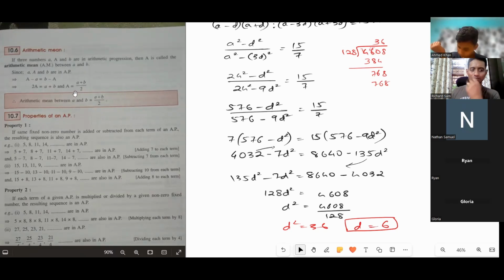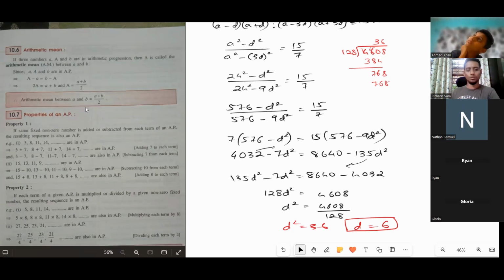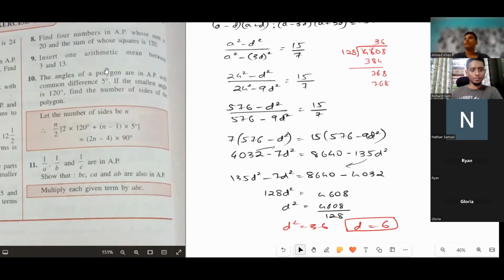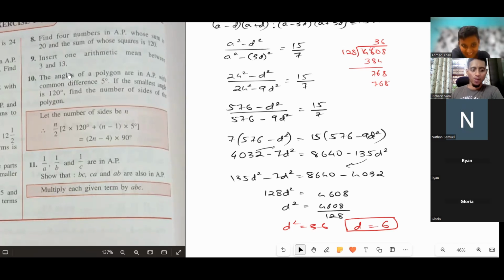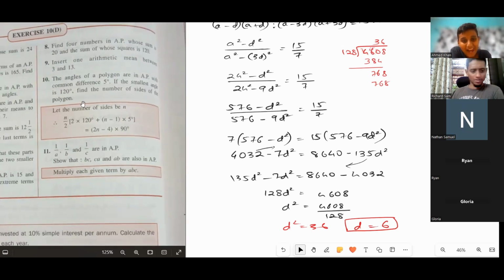So same like mean, how do you find the mean: the first number plus the last number divided by 2. Right. So in this question, look at the 9th question. Insert one arithmetic mean between 3 and 13. What will you do? 3 plus 13 divided by 2. That's it. Okay. Other questions are similar to what we have here only.